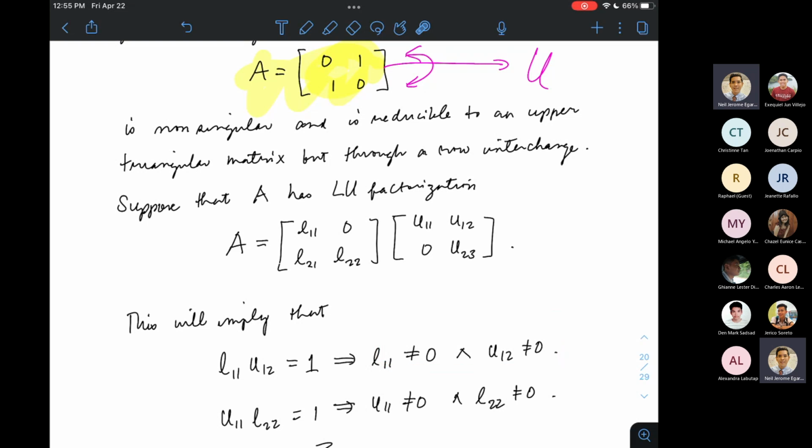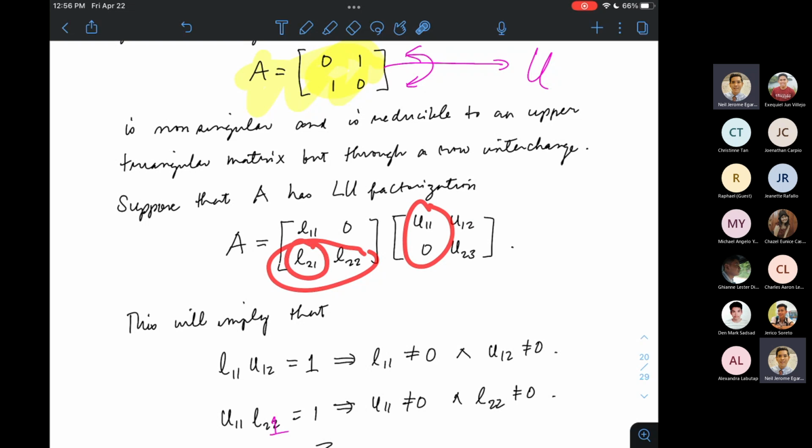Okay? The same thing goes for the multiplication of the second row and this guy. Yung product nito ay U11 times, ano yung tamang product? L22. May typo na naman yata ako. So this should be L21, kasi ito yung multiply ko.